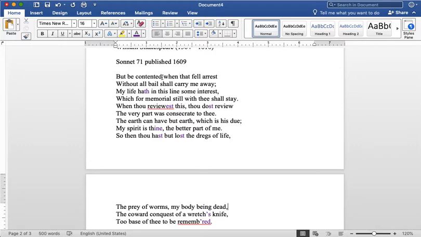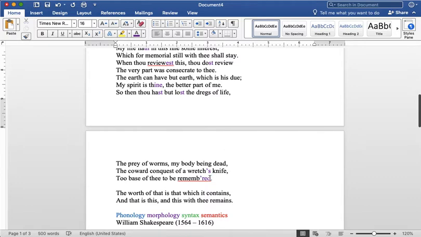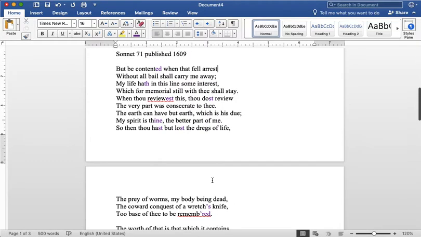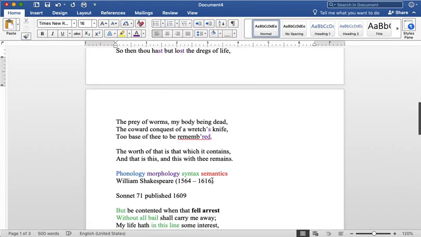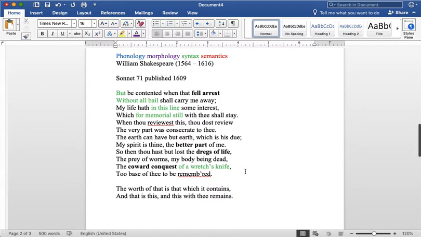I notice right away up here that instead of content, there's contented. And then at the very end of the body of the sonnet, there's another ed, remembered. So I think that's interesting. But I'm a dork. You guys should be dorks too for this class.